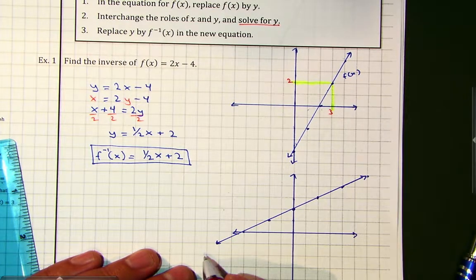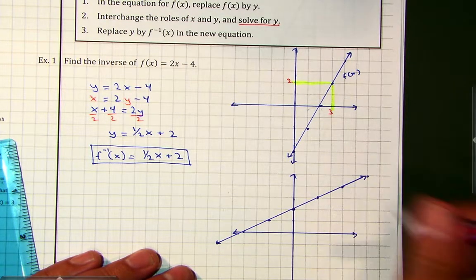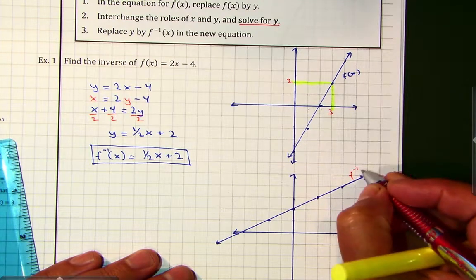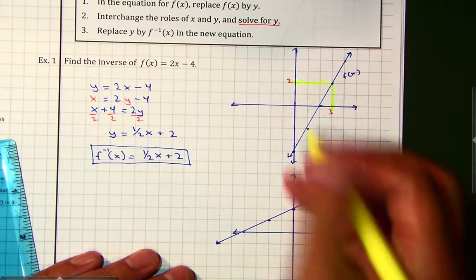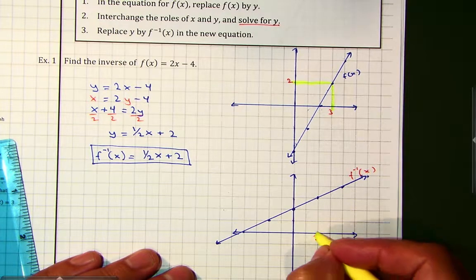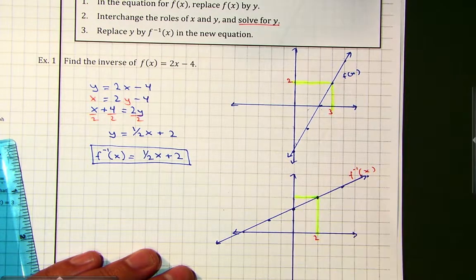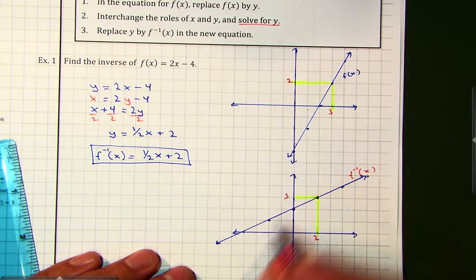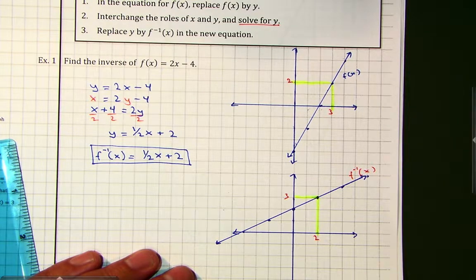So on the inverse function, if I plug in a 2, I end up with a 3. And that will happen at every single point.